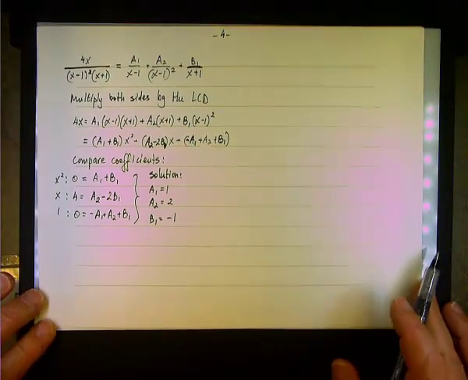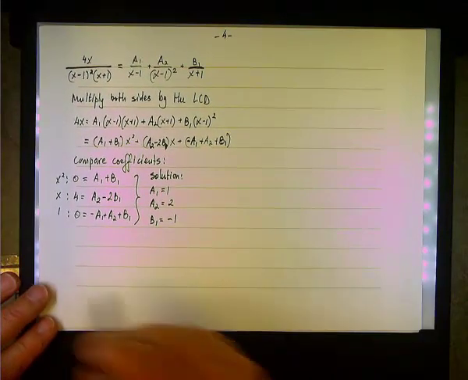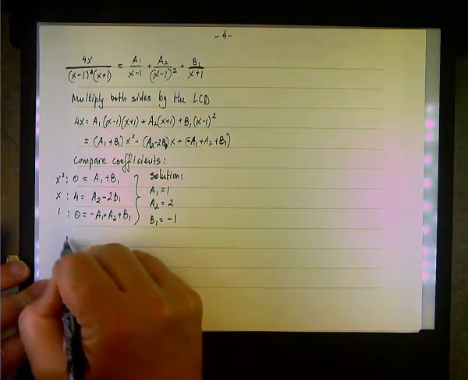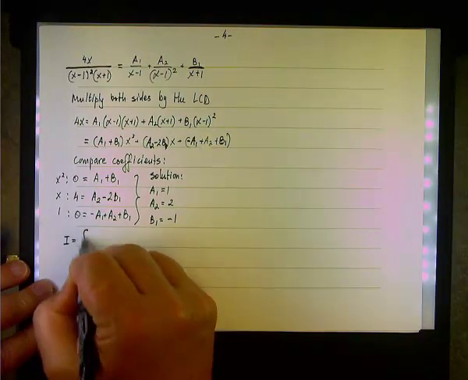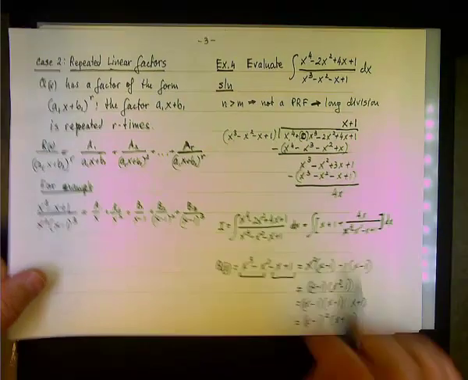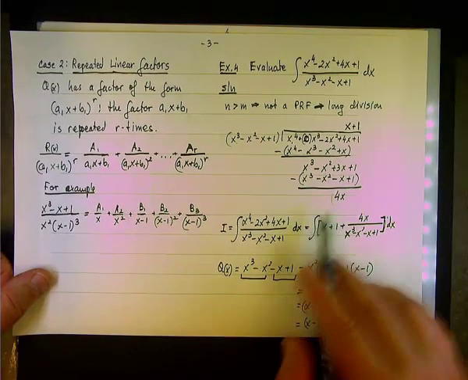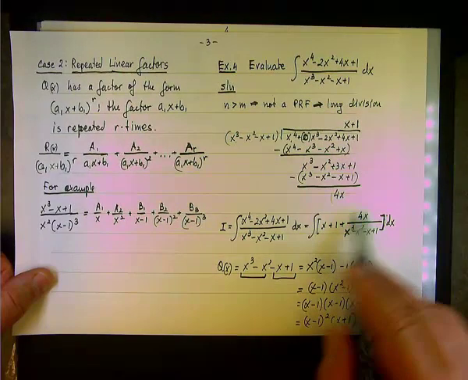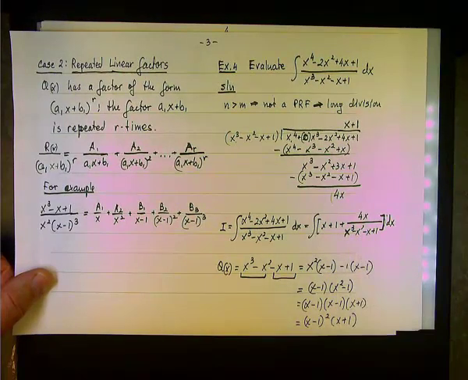Now we need to go back to our integral I. So I equals what? Go back here, we have x plus 1. This is the whole part after the long division. And what we did is partial fractions of the remainder. Remember?